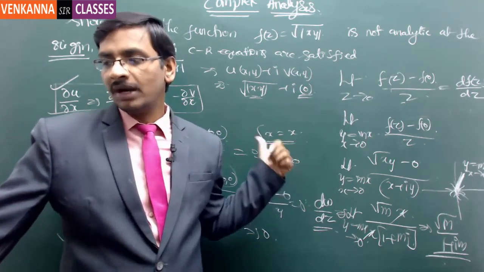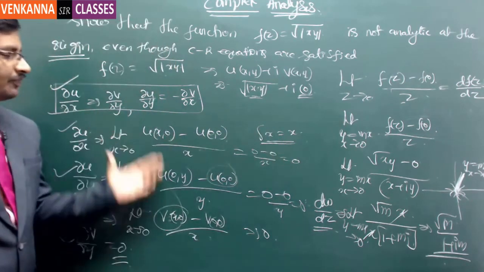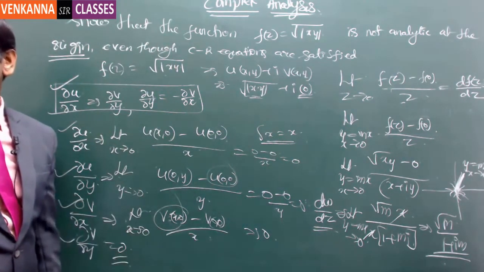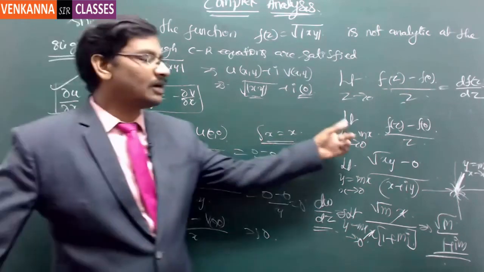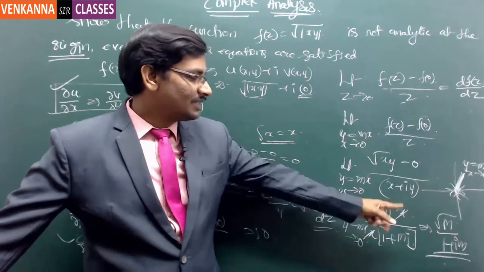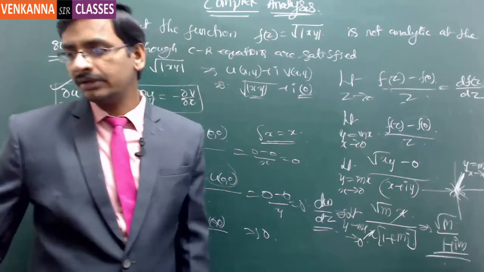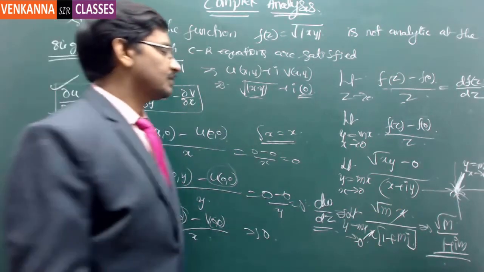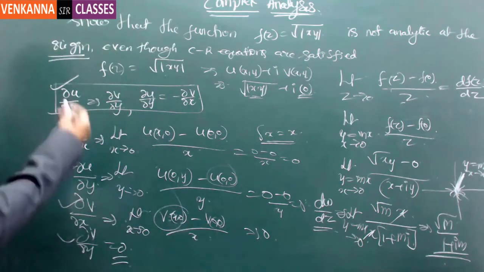Got it or not? At the origin we verified that the CR equations are getting satisfied, but still there is no possibility of the existence of the derivative, because the derivative value is dependent on m, which is not unique. Got it? Hence, you note down this.